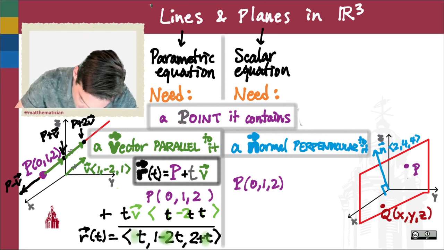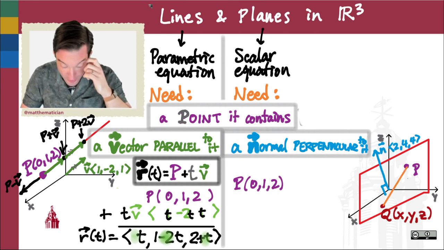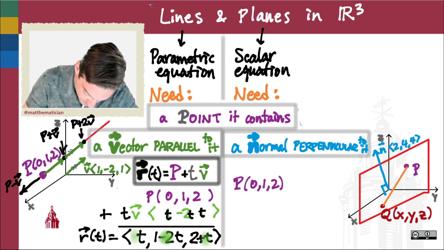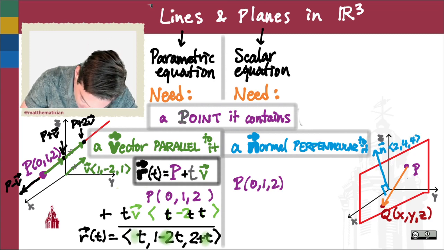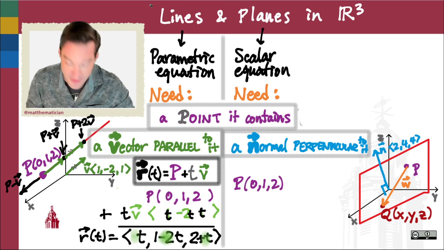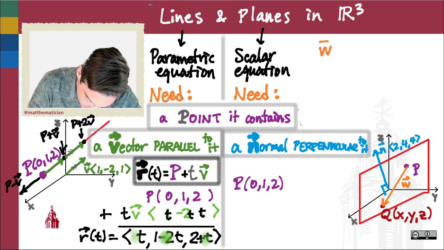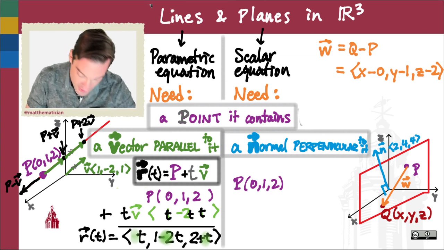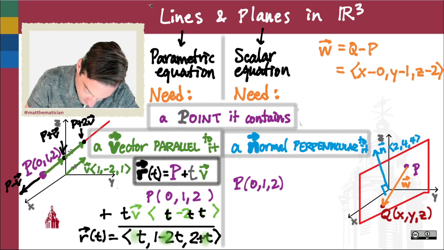It doesn't really matter which direction we do that in, but I like to do it as Q minus P, so it points from P to Q. Let's call this vector W. So W is Q minus P, and its components are, in this example, x minus 0, y minus 1, and z minus 2. And so that direction is parallel to my plane.